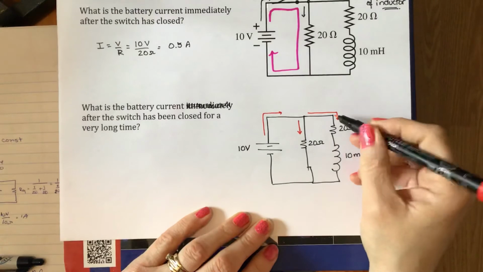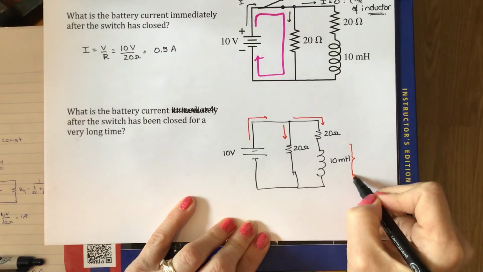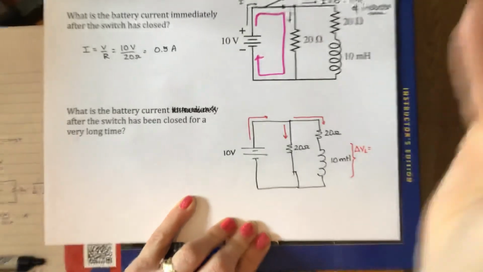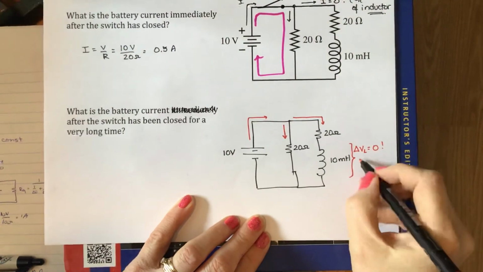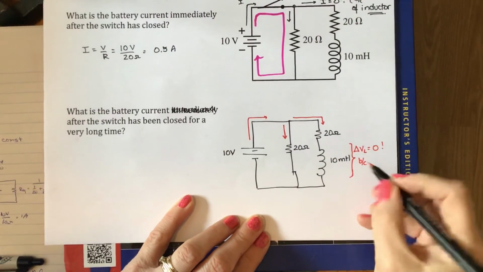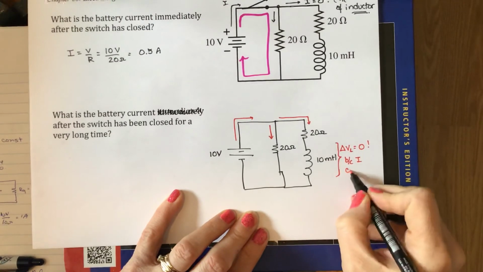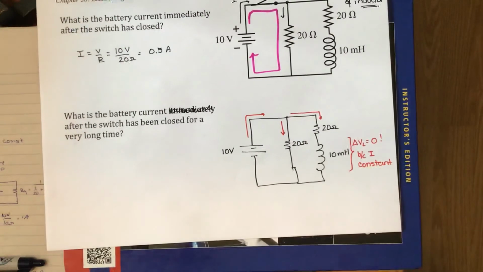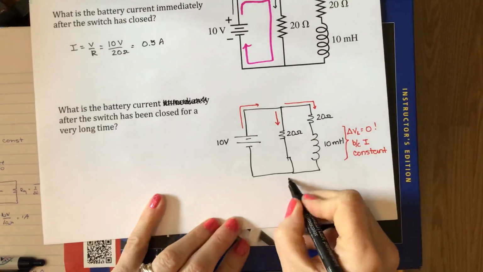In this circuit, the current is going to be constant, so the potential across the two ends of the inductor is going to be equal to 0 again. It's equal to 0 because the inductor has no internal resistance and because the current is constant. So we can draw another circuit if we wish. That means after a long time, our inductor just looks like a short circuit.